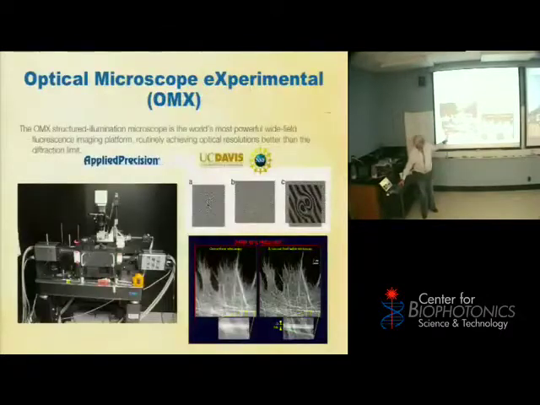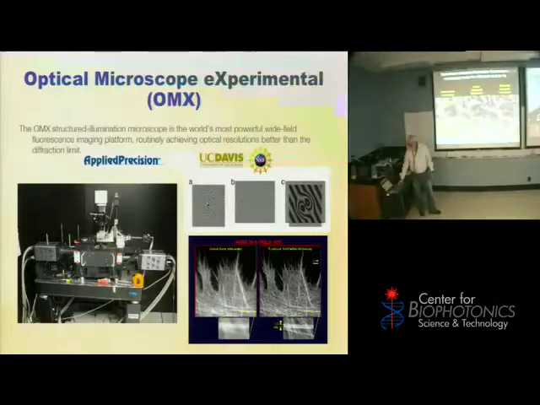And one of the ways we're trying to do that is with the OMX device, Optical Microscope Experimental, which we've now installed and we've commercialized with Applied Precision. The one that we've bought that is marketed commercially has about 2.5 times the diffraction limit. That's not high enough resolution yet to understand that synapse region, to visualize it.